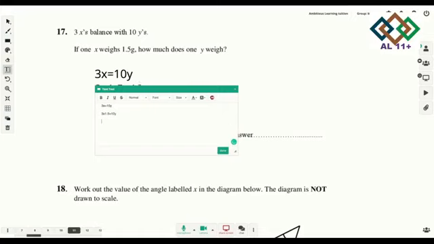And then 3 multiplied by 1.5 gives you 4.5. That gives you 10y. So 4.5, if I get the 10 to that side, when you come that side, obviously you will divide, not multiply, equals y. So your y will equal 0.45 g.